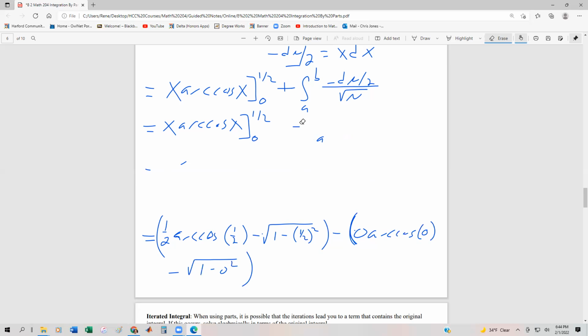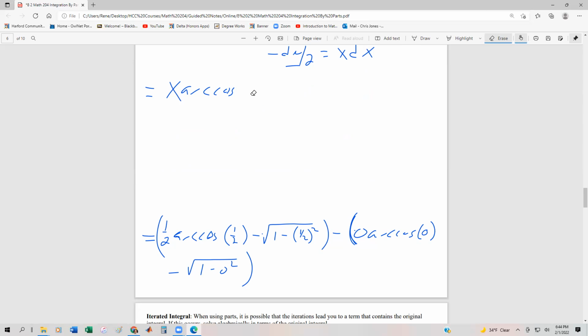So one moment, I'm erasing, just a little bit more to make sure we have ample room. All right, so 1/2 arc cos of x. I'm going to leave that as is, and I'm going to figure that out at the end.